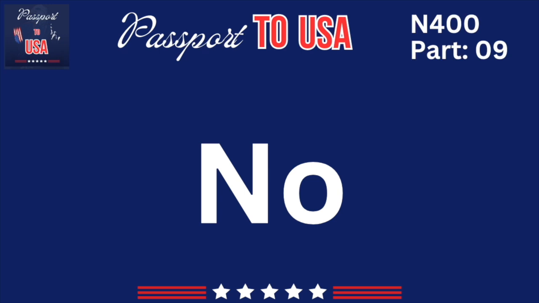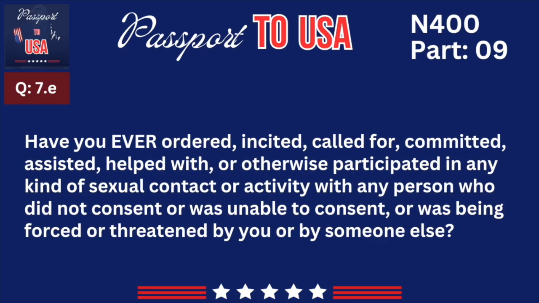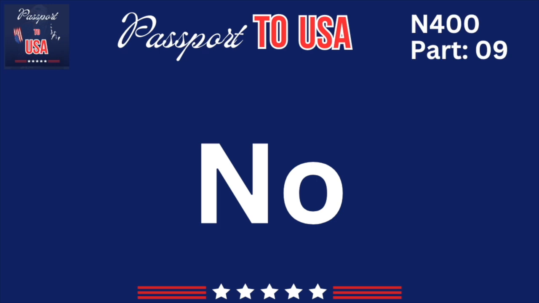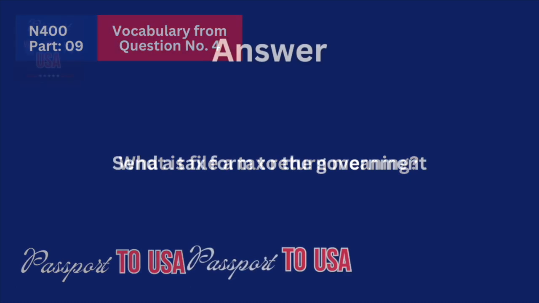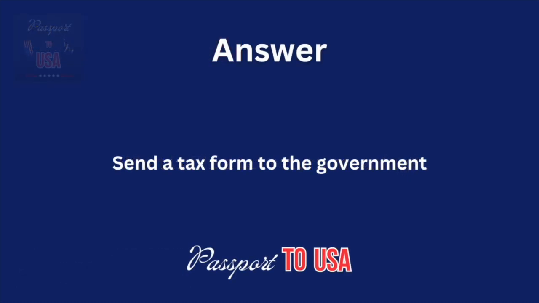No. Have you ever ordered, incited, called for, committed, assisted, helped with, or otherwise participated in any kind of sexual contact or activity with any person who did not consent, or was unable to consent, or was being forced or threatened by you, or by someone else? No. What is file a tax return meaning? Send a tax form to the government.